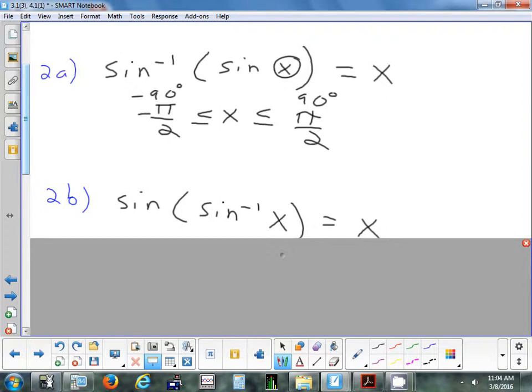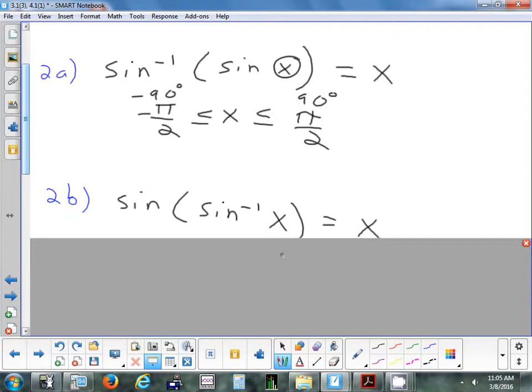Amy, you see the difference? We've switched where the sine and the inverse sine are. So now the regular sine is on the outside, inverse is on the inside. What will happen is sine and inverse sine will cancel each other out as long as x is between 2 values. It's not negative 90 to 90.